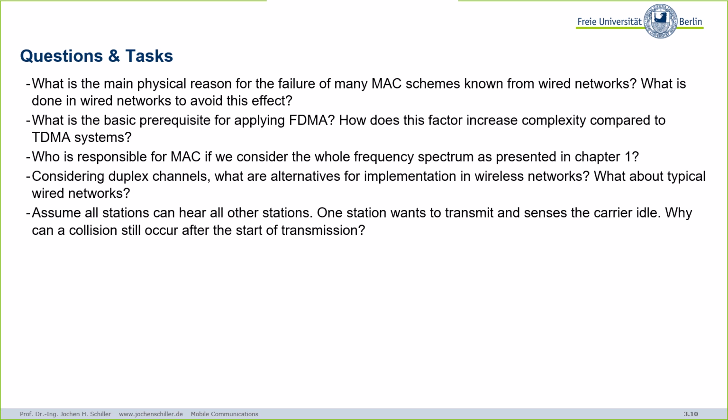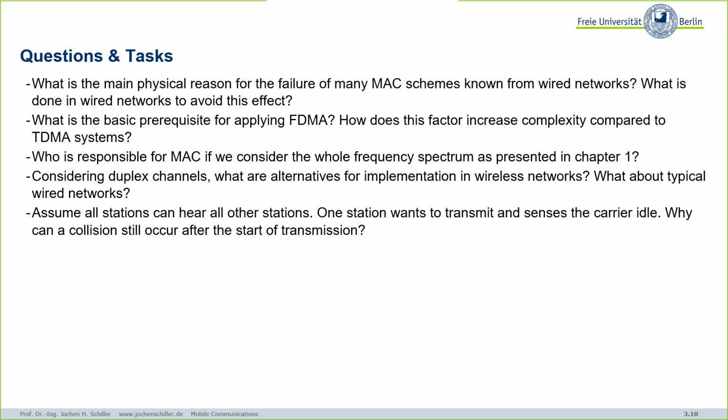And for the classical voice channels, well, we know from history that typically each person is talking for 40% of the time and 20% is silence. So this is symmetrical. And this is the reason why we have the so-called paired bands, where we have the same bandwidth for the downlink as we have for the uplink.